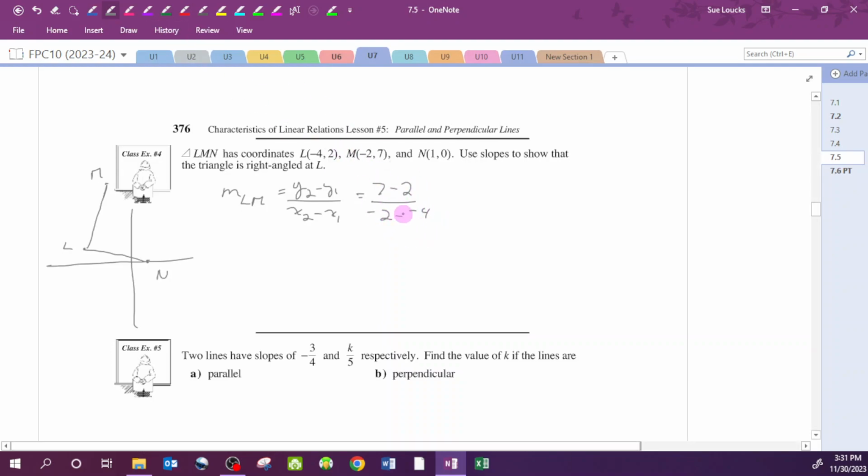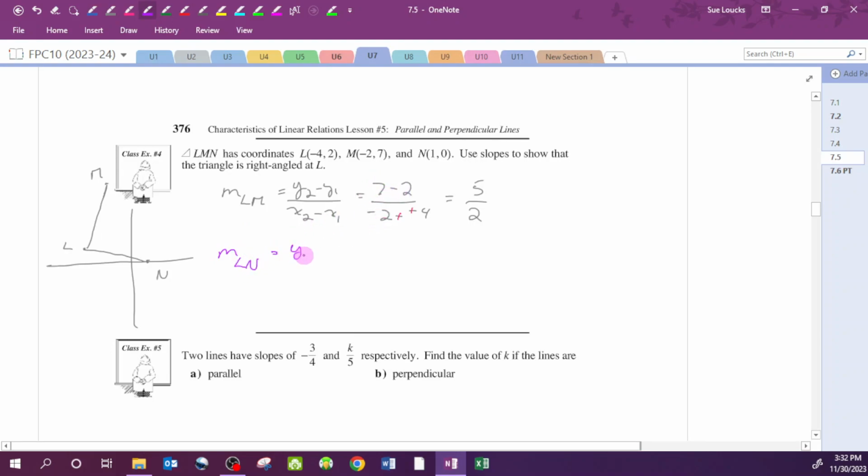Remembering that this negative sign belongs to the equation and this one belongs to the point. And then if I want to change those both to plus, because minus and negative is the same as adding, right? So I get 7 minus 2 is 5, minus 2 plus 4 is 2, so there's my slope for LM.